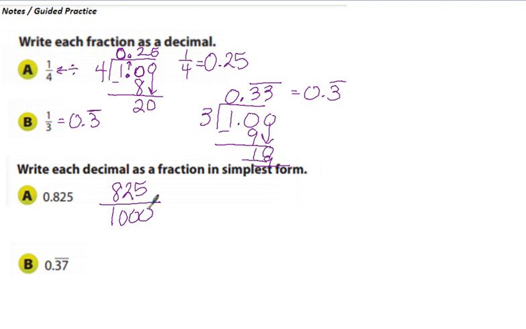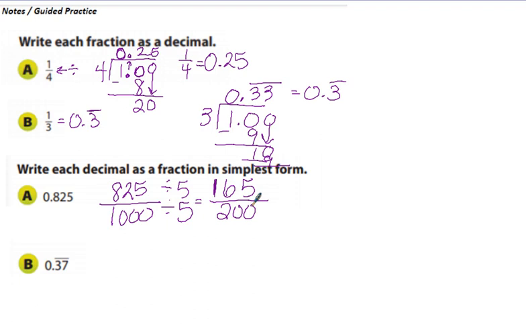Then we need to reduce it. So you can reduce it by whatever you need to. We can both tell, right, it's at least divisible by 5. So let's divide these by 5. So 5 goes into 8 one time. I'm going to have 3 left over. 5 goes into 32 6 times. 2 left over. And 5 goes into 25 5 times. Then we have 10,000. 5 goes into 10 twice, and then it has those 2 zeros.